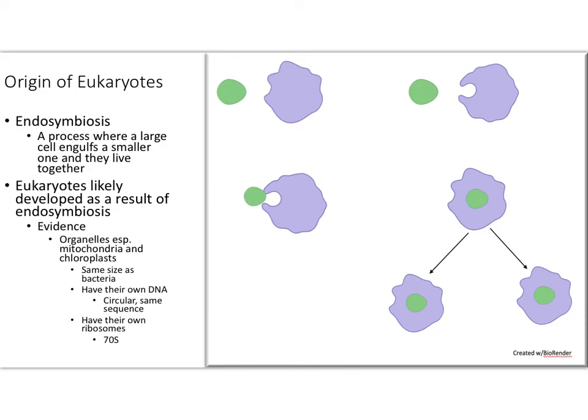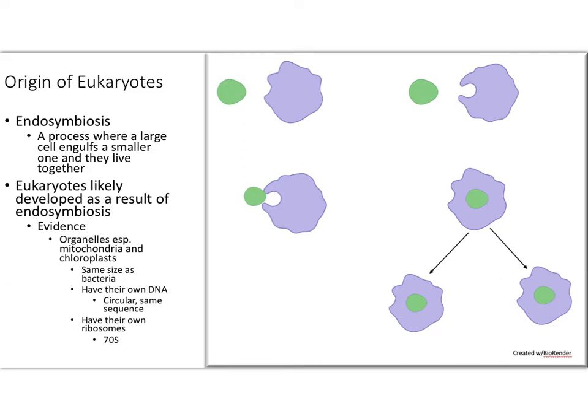It was the point at which we could not separate these two cells anymore and have them survive any longer. That point where they become dependent upon each other, that is the point we can say that's when eukaryotes truly developed. When the two original cells that were prokaryotes became dependent upon each other, that's when eukaryotes arose.